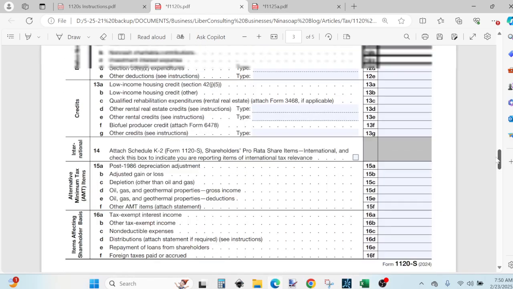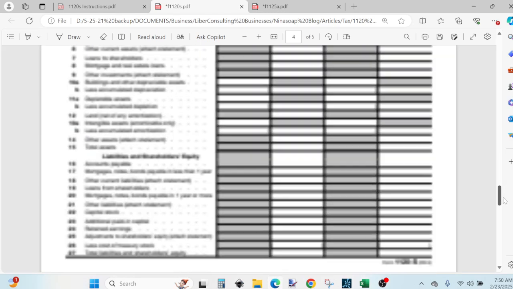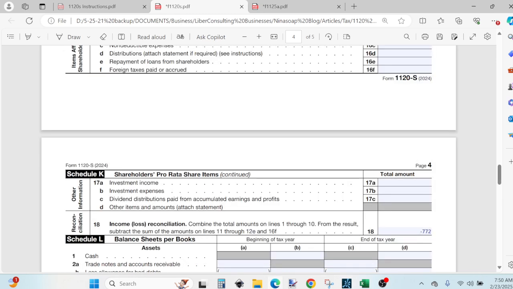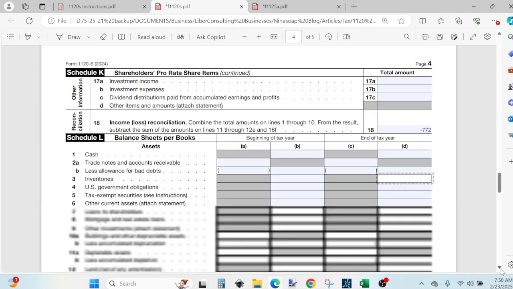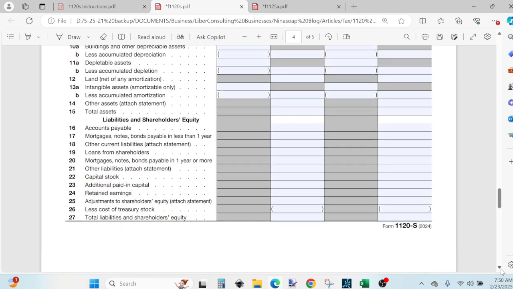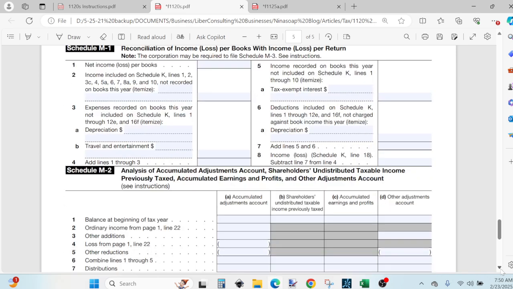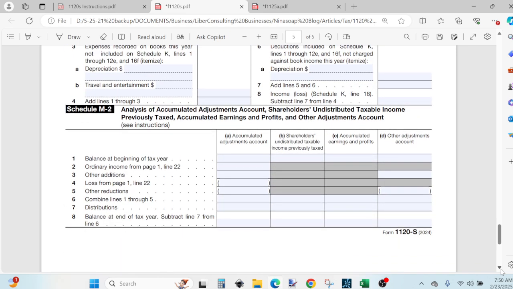Okay, and that's how you complete your form 1120S page 1, Schedule B and Schedule K. So now we don't need Schedule L, we don't need Schedule M1, but we have Schedule M2. And I'm not very good at completing Schedule M2.